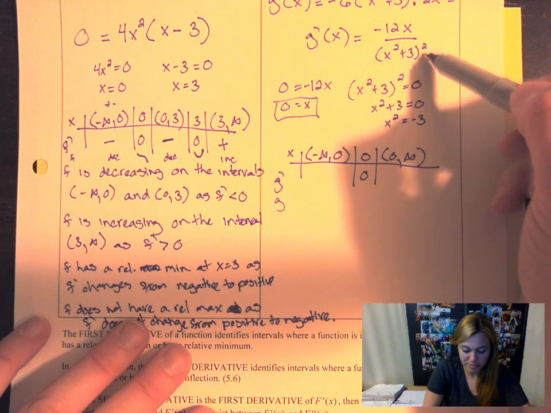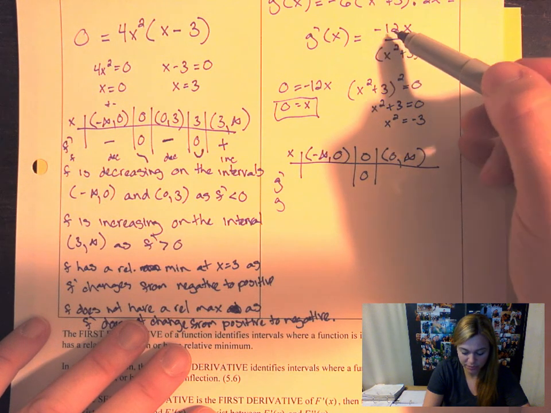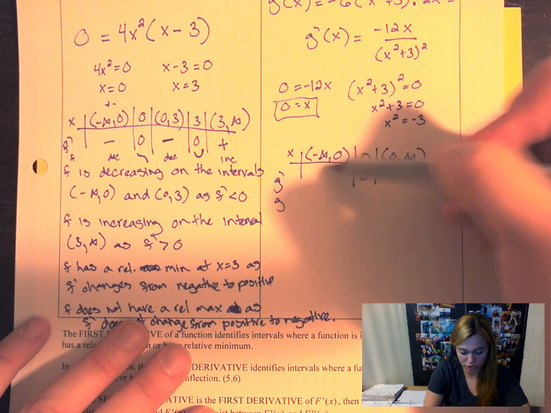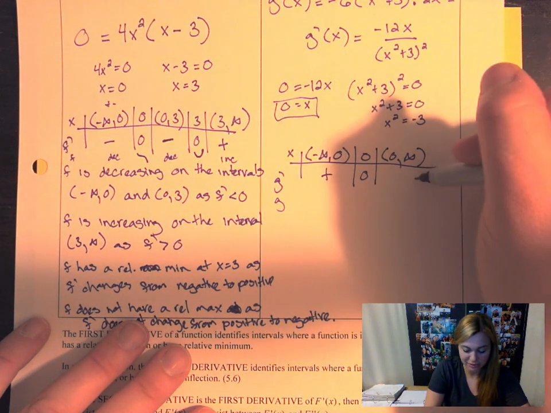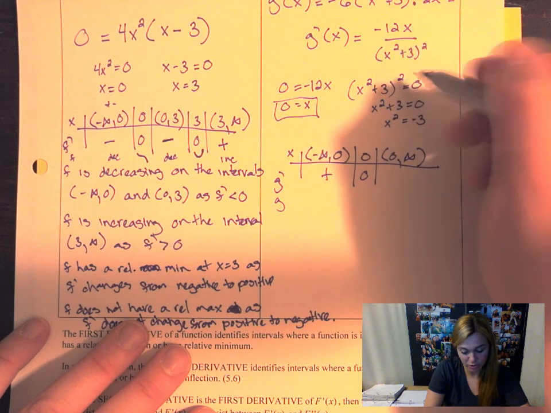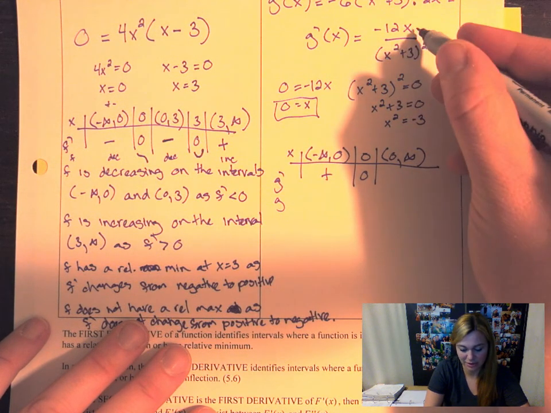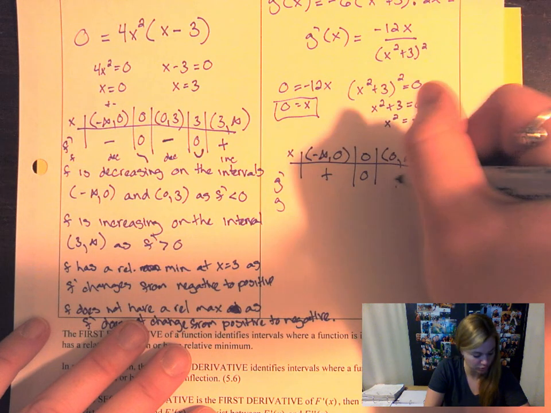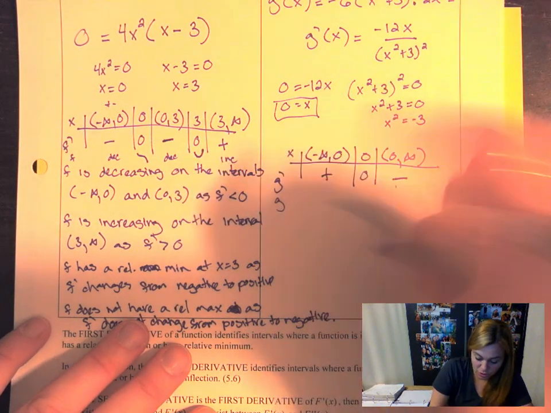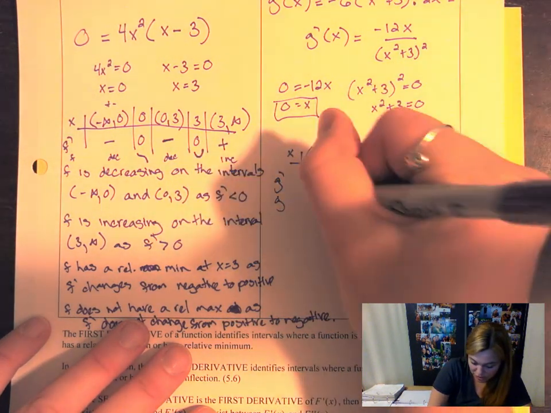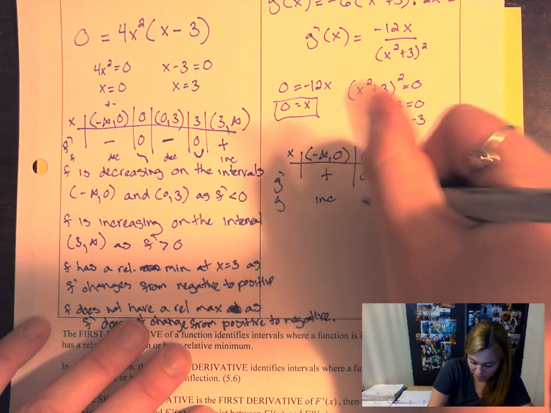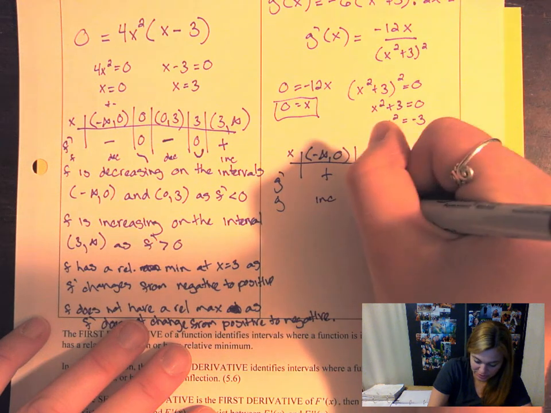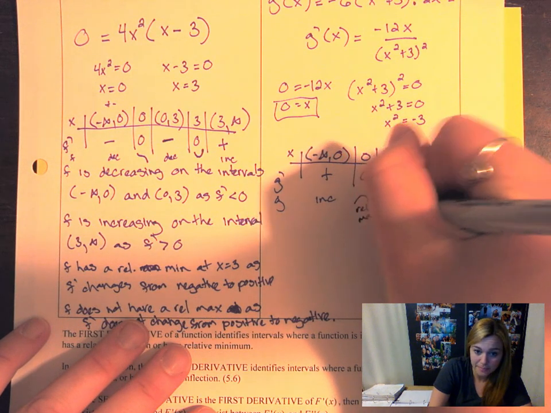So this will always be positive. So really I'm just looking at the numerator. Negative times -100, or any number in here, would be positive. Over here, 0 to infinity, if I substitute any number, the denominator is again positive. The numerator would be negative times a positive, which would be negative. So then you can go through and say where g is increasing, decreasing. At 0, increasing to decreasing would be a relative max.